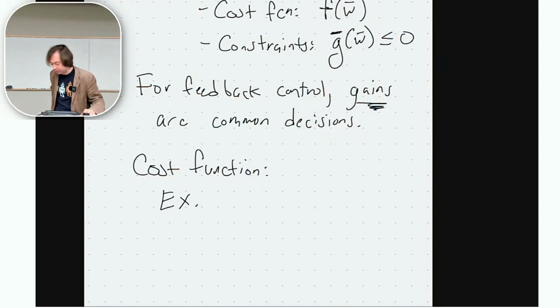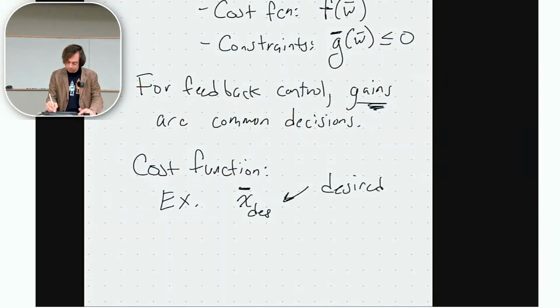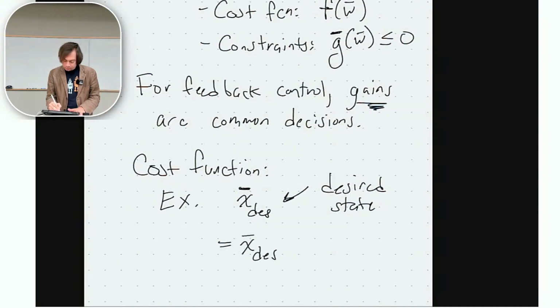I'm swearing off pendulums for at least the next 48 hours. Let's say you have some target state, some desired state, what you want to get to. Let's take where we want to go and subtract out where we are now.